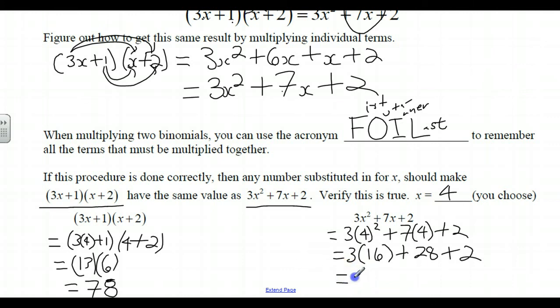This is 48 plus 28 plus 2. So 48 plus 2 is 50, plus 28 is 78. Or 28 plus 2 is 30, plus 48 is 78. And in both cases, these are the same, which means that this factored form must be the same as the simplified form.